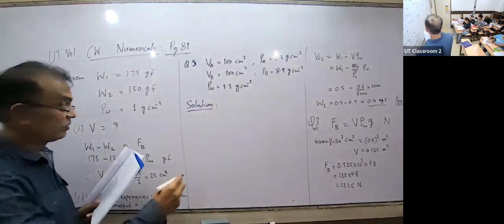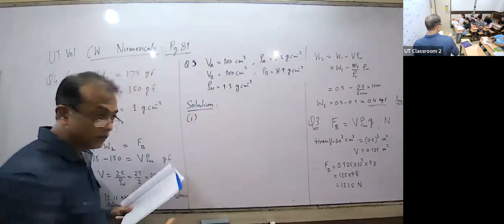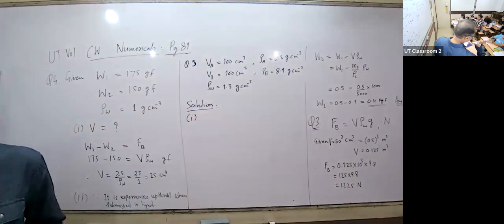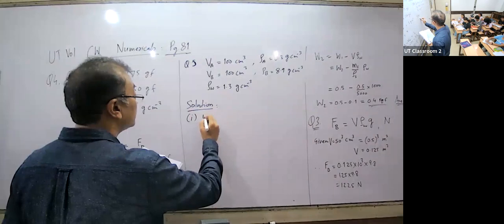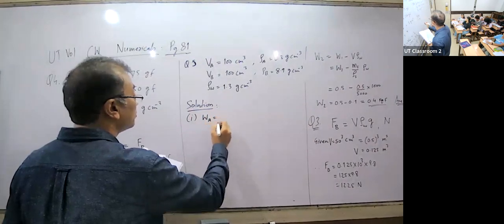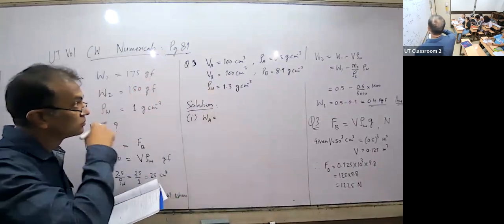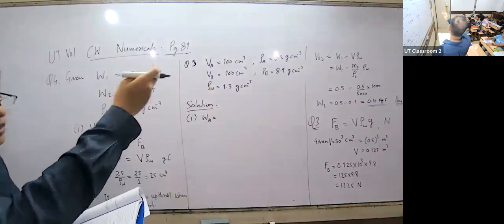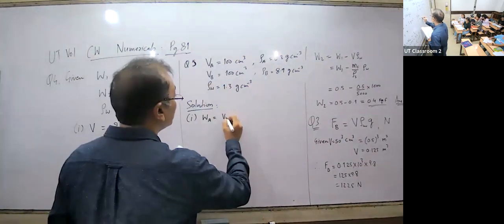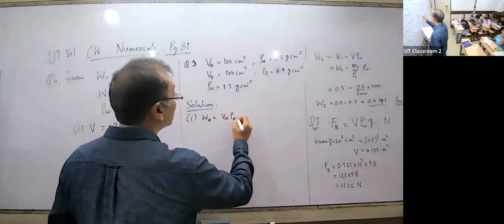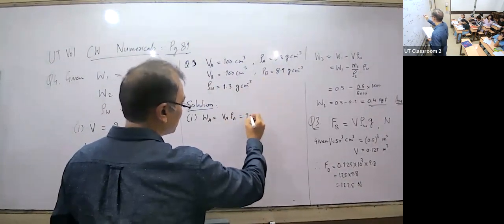Weight of each sphere. What is weight of each sphere? Mass. When you say just weight of each sphere, it is weight in air. So WA, what is WA? What do we have? We have volume and density. Just their product is weight. So it is VA into rho A, and it is in CGS, so we can just multiply.